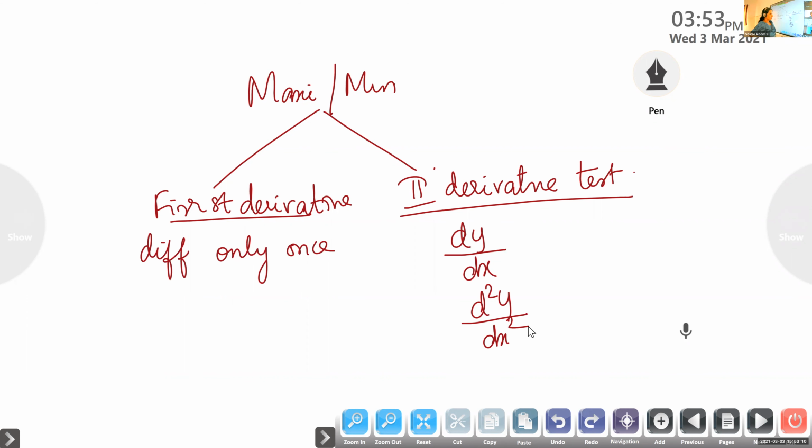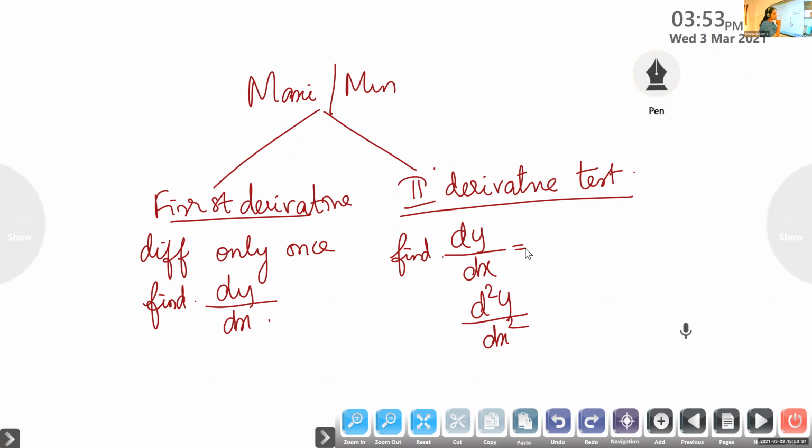In the first derivative test, we find only dy by dx, differentiating one time only. In the second derivative test, we differentiate the given function 2 times. First time when you differentiate, we denote this as dy by dx. What are the other notations for dy by dx?